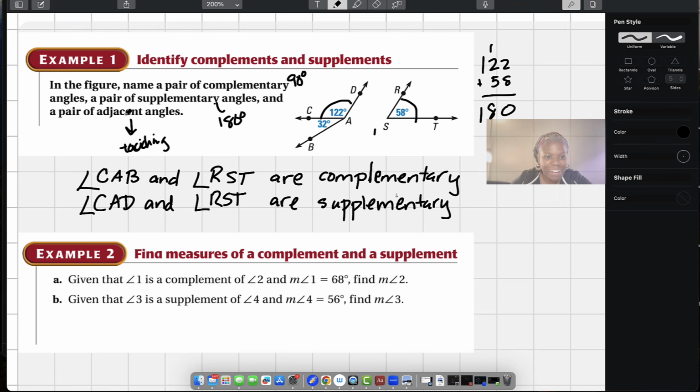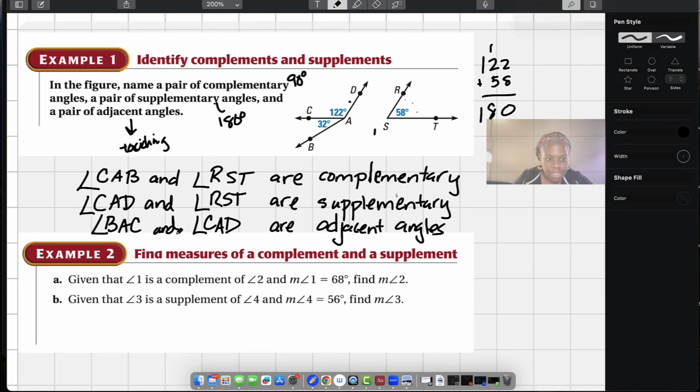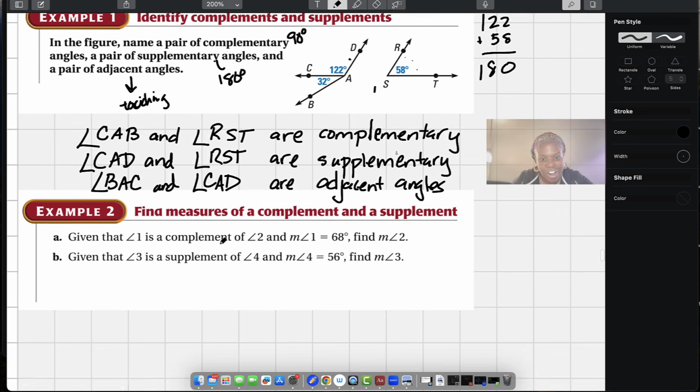Finally, we're asked about adjacent angles, and I think you guys can recognize that adjacent angles are kind of stuck together, and so the only two adjacent angles that we have here would be these two right here, angles BAC and CAD. So angles BAC and CAD are adjacent angles.